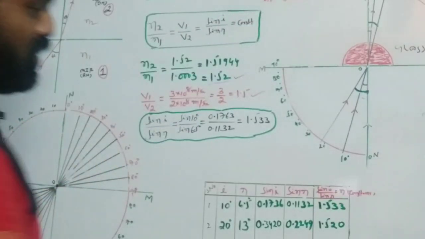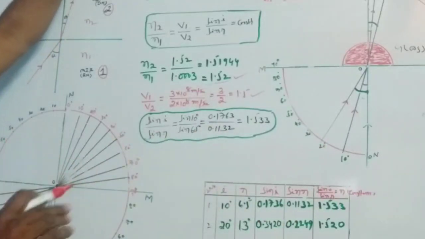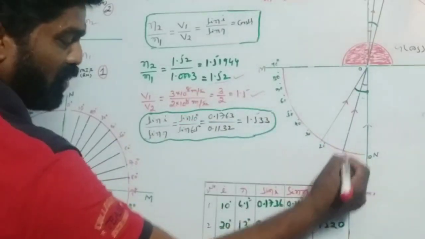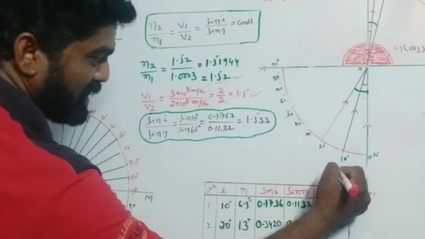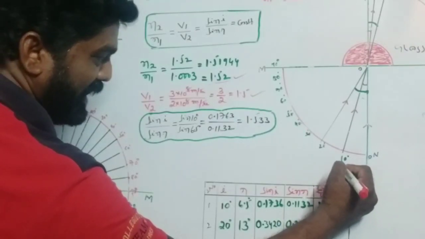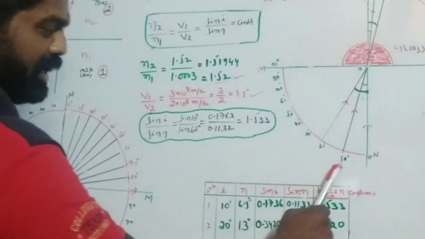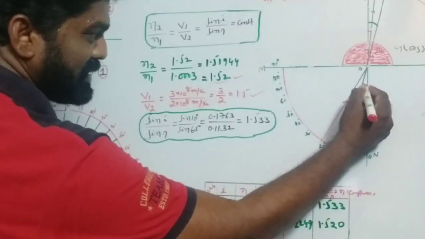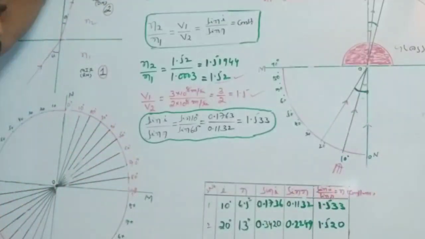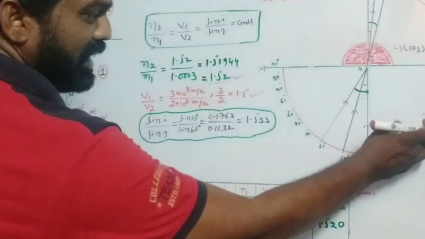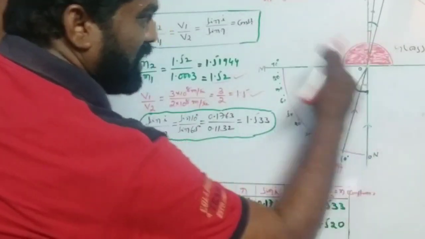Right? Suppose laser light is focused at 10 degrees. It means the angle of incidence is 10 degrees. Now the light ray travels from air to glass.